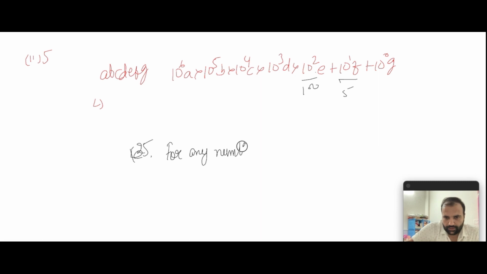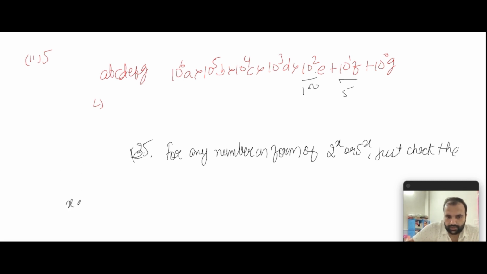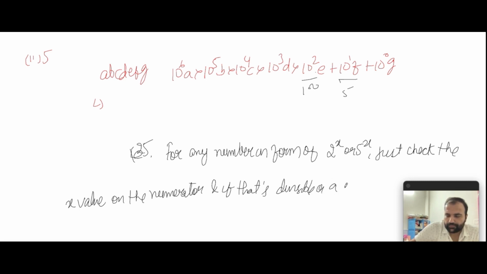any number in the form of 2 to the power x or 5 to the power x, just check the x value on the numerator, and if that's divisible or a multiple, done.